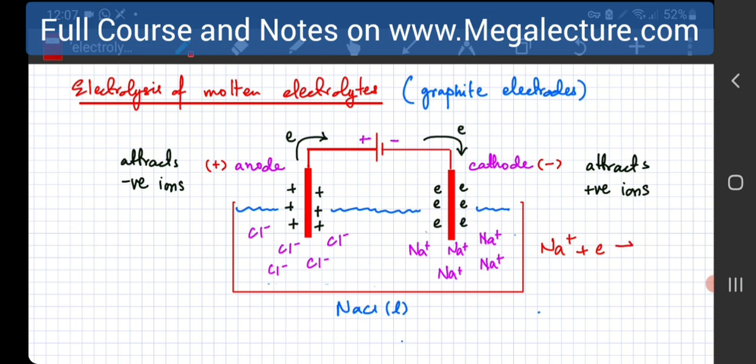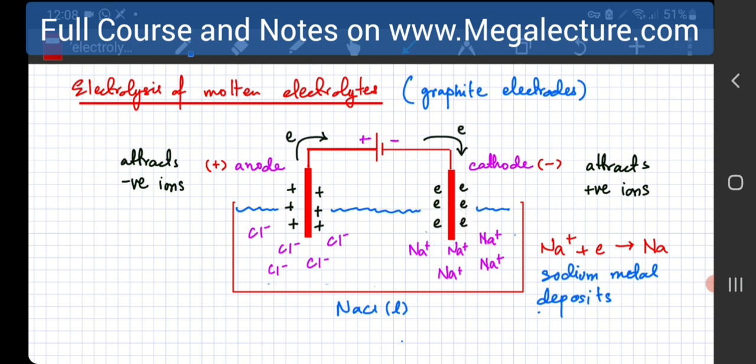That will turn sodium ions into sodium neutral atoms, which will exist in metallic form, and you're going to see shiny metallic sodium depositing over here. So you'll start seeing metallic sodium.